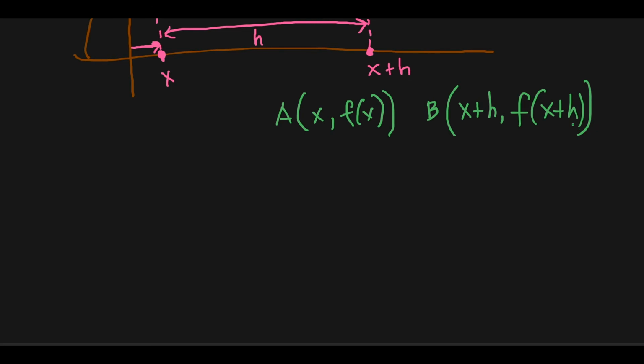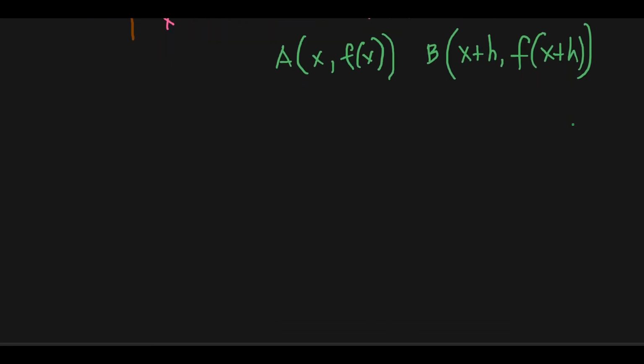So we will derive now our formula. The slope of the second line is equal to y sub 2 minus y sub 1 over x sub 2 minus x sub 1.